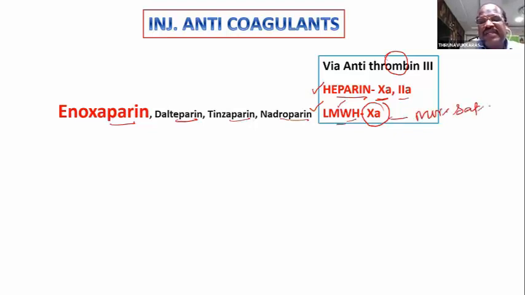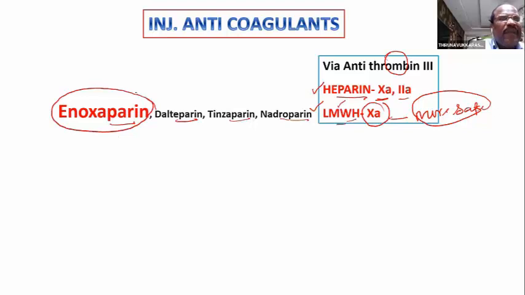That's why the latest clinical trials show that instead of heparin, it is better to go for enoxaparin. So usually in a case of an ACS patient, we go for enoxaparin injection. That's the most preferred drug because it's a very safe drug, with no serious risk compared to heparin.